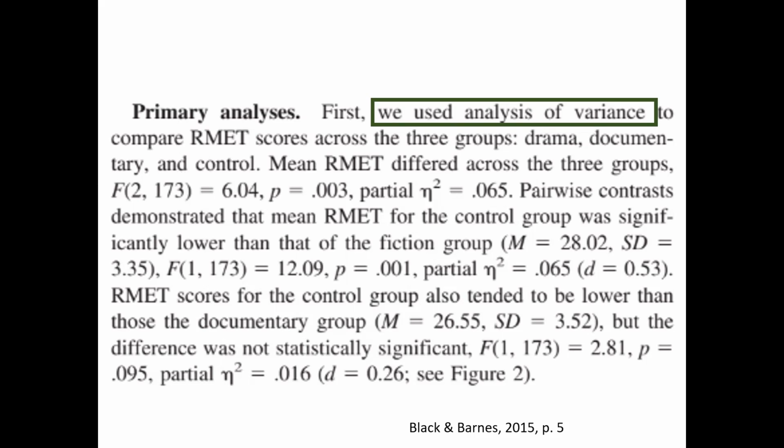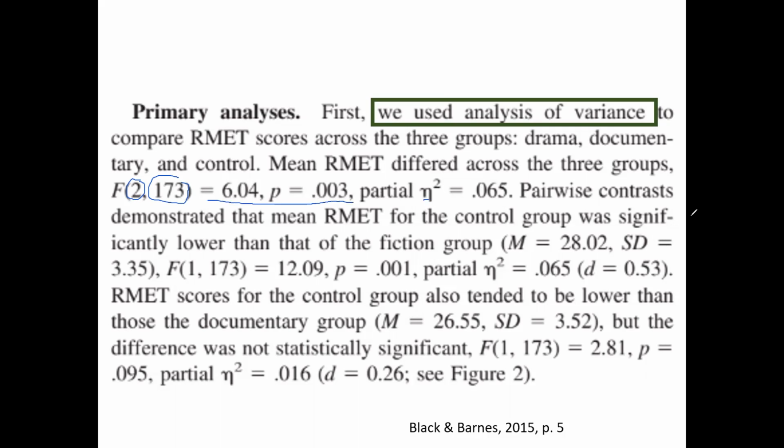So this is degrees of freedom between groups, which is k minus 1. This is degrees of freedom within, which is n minus k. This is exactly the output that I showed you on the SPSS file, including the eta squared.